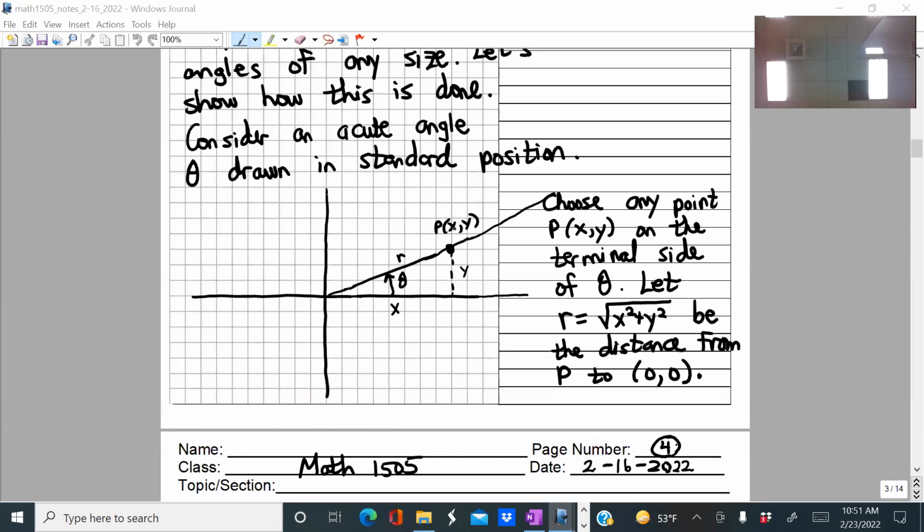So from this picture, you can define the trig ratios in terms of the coordinates of this point. That's the reason for drawing this picture. The trig ratios can be determined just from the coordinates of this point, and this point, remember, is any point on the terminal side of the angle.